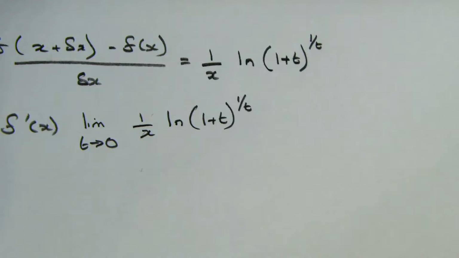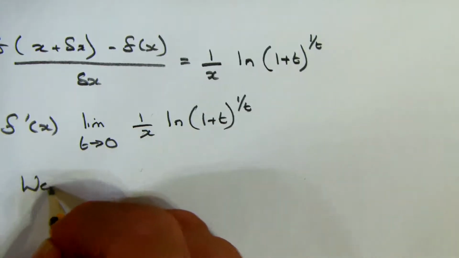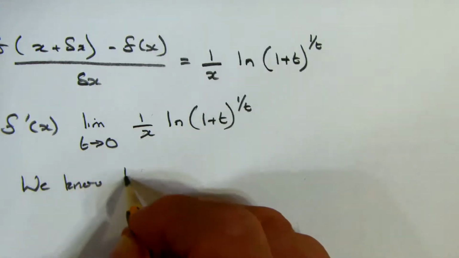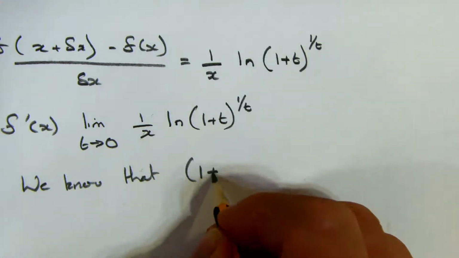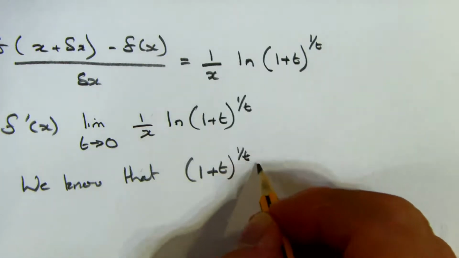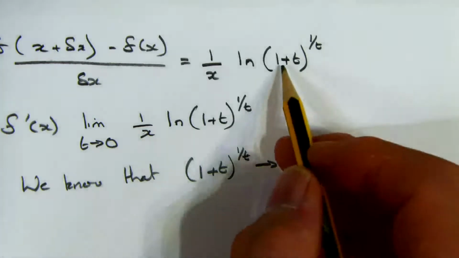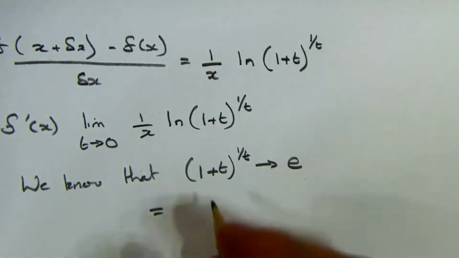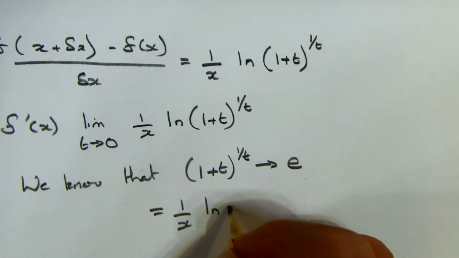So as that is approaching, we know that 1 plus t to the 1 over t is going to tend to e. So this then becomes 1 over x ln e.